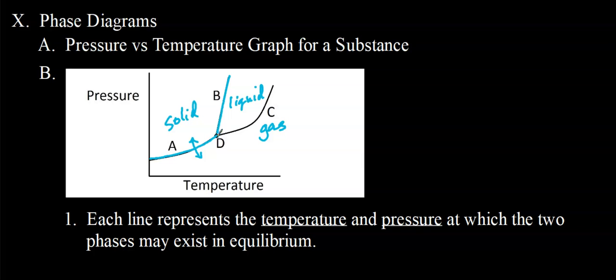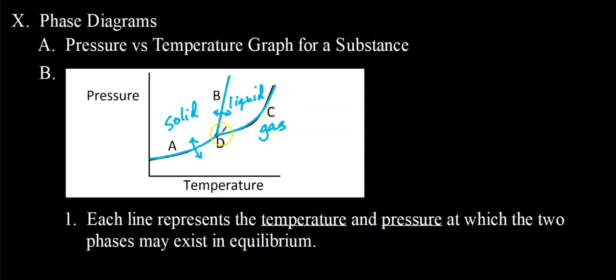Well, if you've ever had a glass of ice water, that's exactly what's going on. You have solid and liquid water together. And then going across this line, solid to liquid, left to right, that's melting, right to left, that is freezing. And then lastly, this line here, C, is the line between liquid and gas.